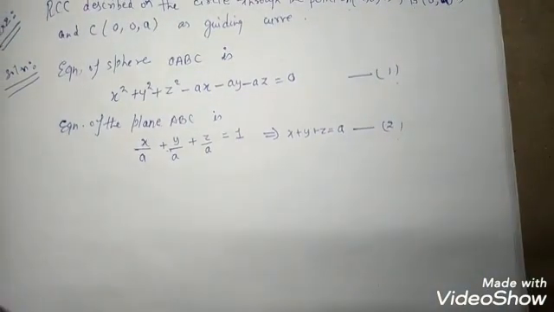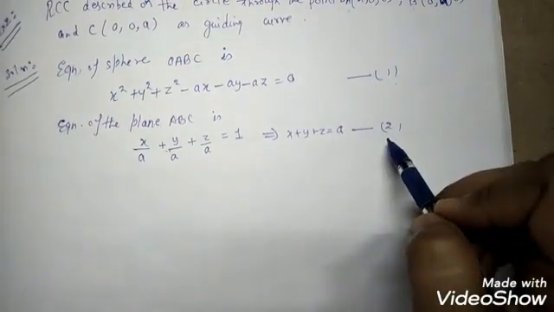Therefore the guiding curve circle is given by equations 1 and 2 together.